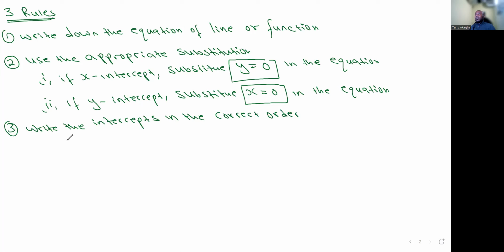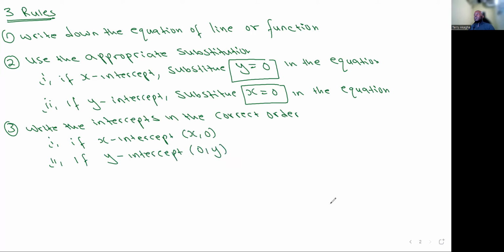So number 1, if you're talking about the x-intercept, it's going to be x, 0. And if you're talking about the y-intercept, it's going to be 0, y.